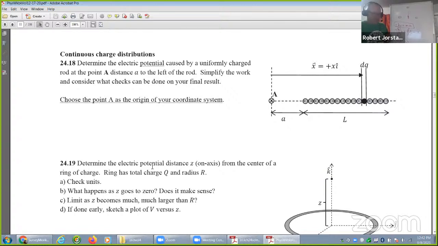I'd like to get into continuous charge distributions now. So I'm going to start with 24.18. I'm going to get my whiteboard ready. Oops, 18. Sorry. And I bet you probably already finished the problem. You're faster than I am, right?